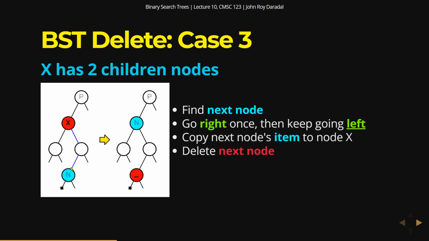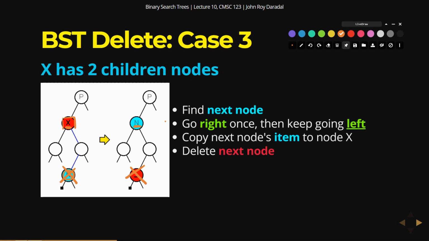Okay, so if you find this next node, like let's say this one here, then we will copy this node's item to X. Okay, so the item here will be copied to node X's, it will be overwritten. So you'll notice the item of the next node is already here, and then this next node is what we'll delete. So this one will be deleted.